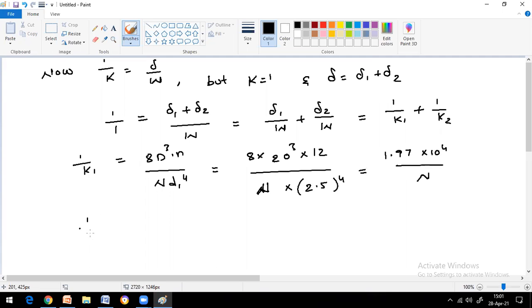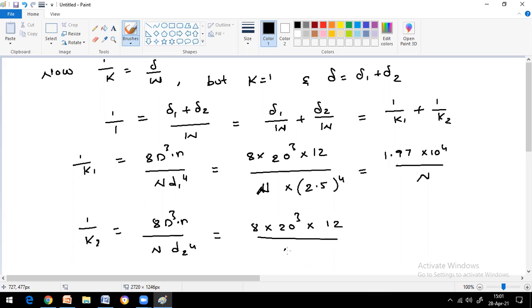In the same way, write for 1 by k2, 8 D cube into N by capital N d2 power 4. 8 into 20 cube into 12 by N d2 power 4. Do you know d2 value? No, you don't know the d2 value. Into 10 power 5 by N d2 power 4.